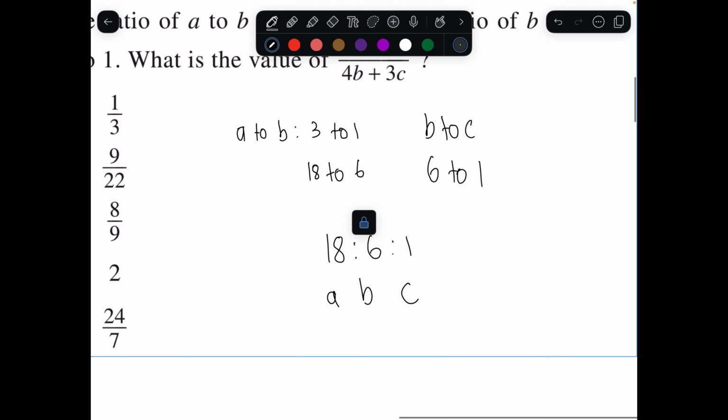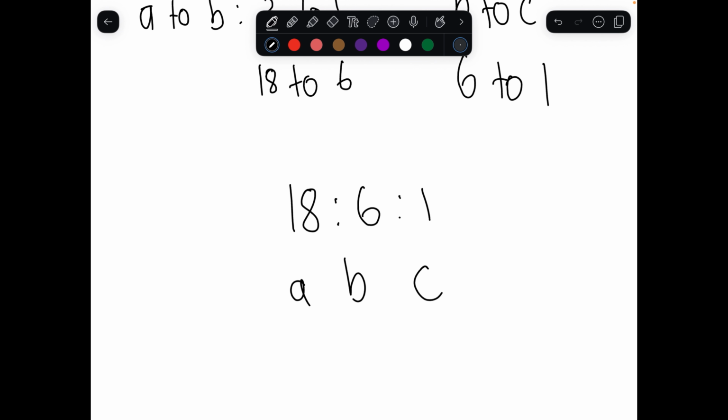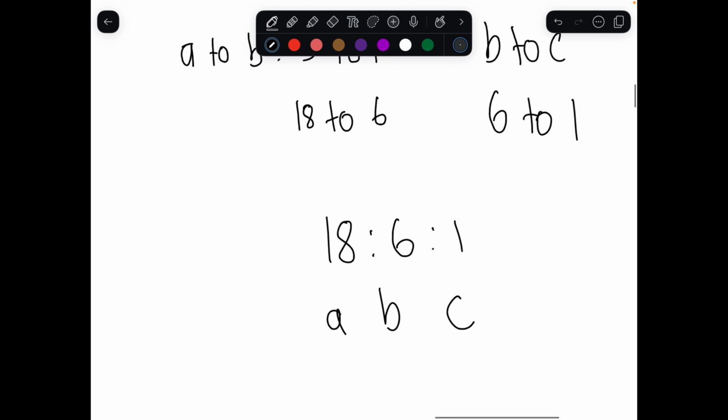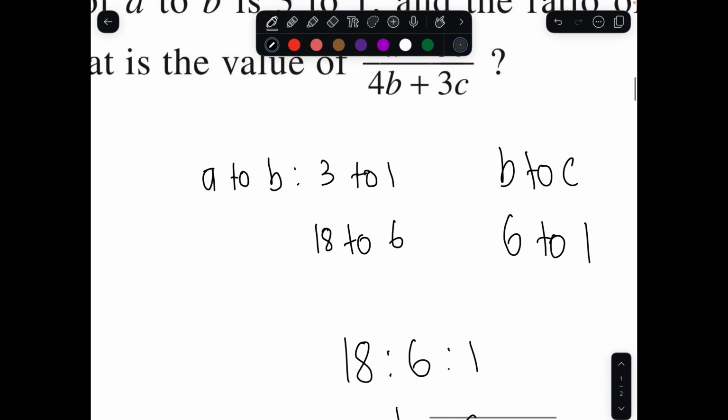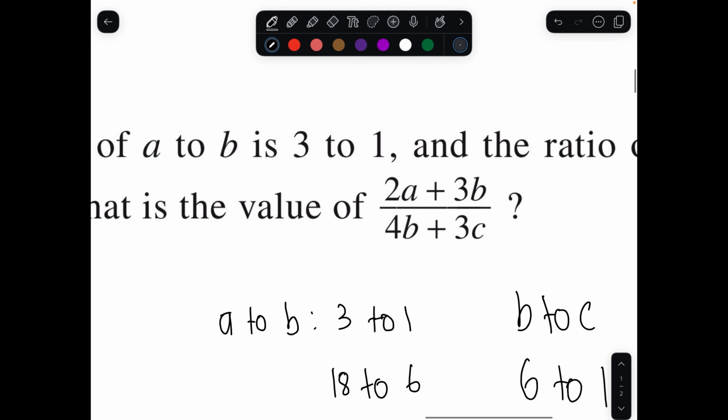Because you can just read it as when A is 18, B is 6, and C is 1, right? Because A is 18 when B is 6, and C is 1 when B is 6, right? So now, all you have to do is plug 18 in for A, 6 for B, and 1 for C.